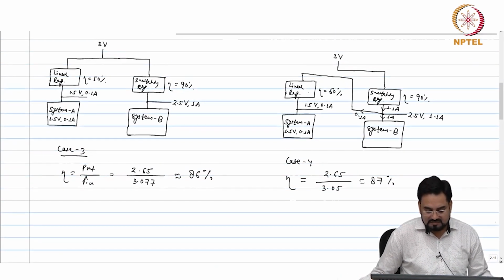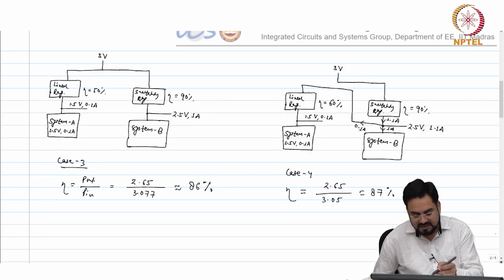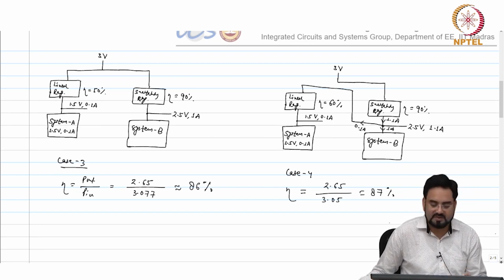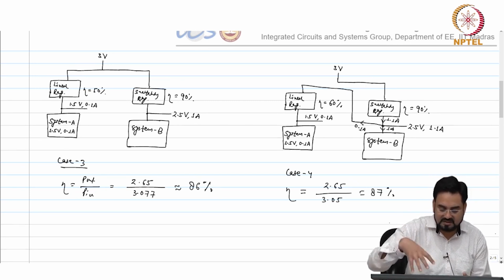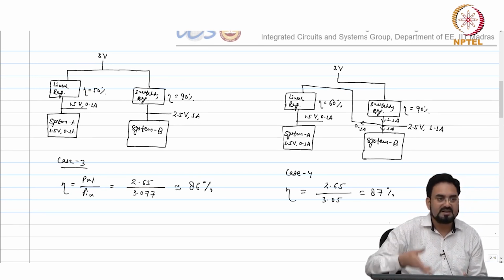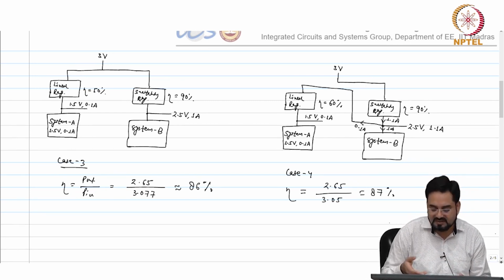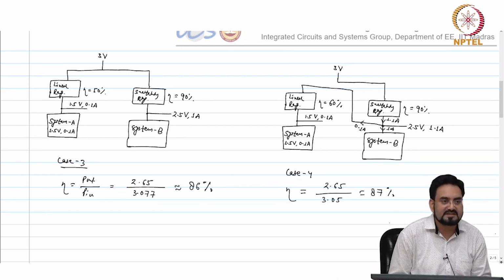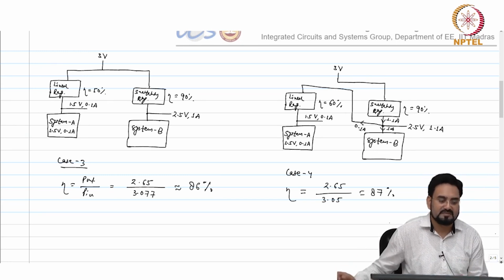So now by improving the efficiency by 10%, the overall efficiency is improved by 1%, because we know the total power contribution of the linear regulator is much less compared to switching. That is why a 10% improvement in the efficiency shows only 1% in the overall system.